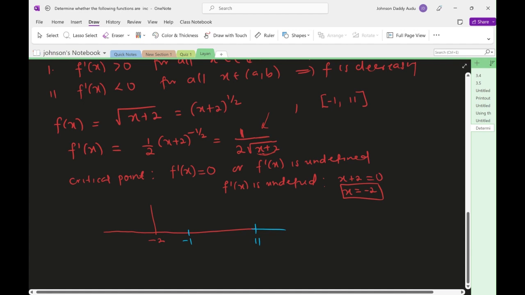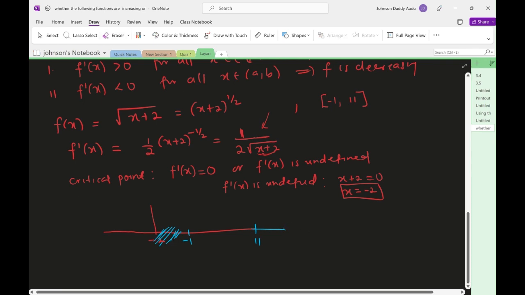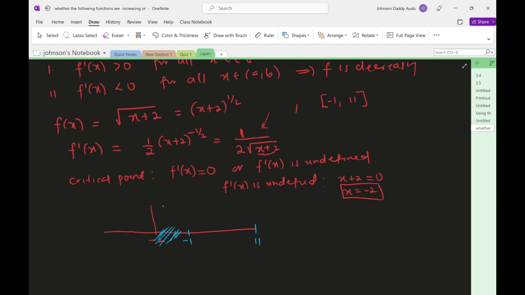So we don't even need to bother about from -2 to -1 because it's outside our range.